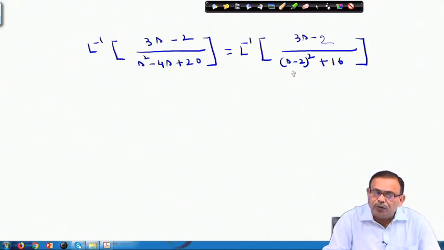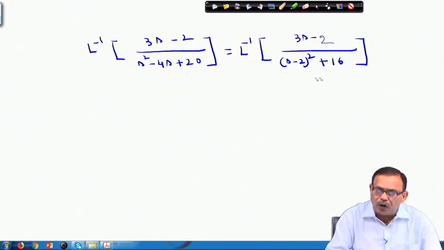So, basically whenever we try to find the inverse Laplace transform, the function of s, I should bring it into forms whose Laplace transform is known to me. That should be the basic aim whenever I try to solve a problem. So, I will bring it to some common forms.